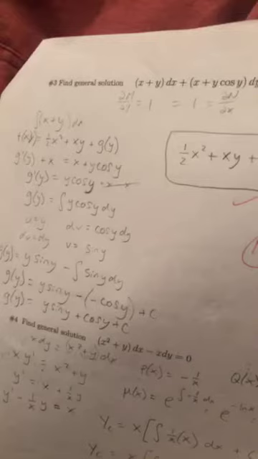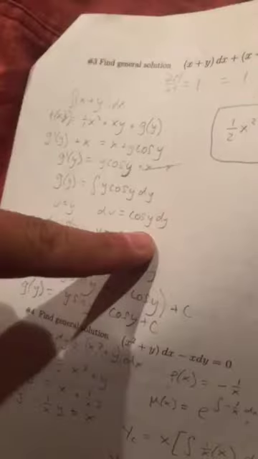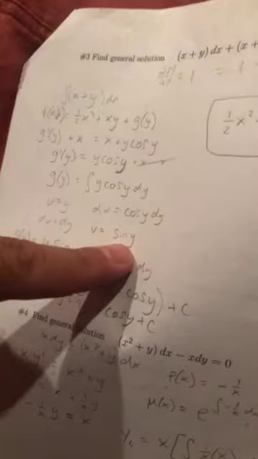Basically, u is equal to y, dv is equal to cos y dy, du is equal to dy, and v is sine y. So you have y sine y minus the integral of sine y.